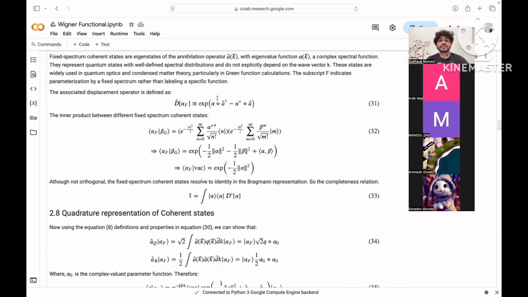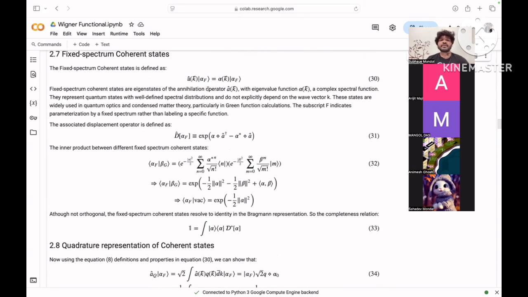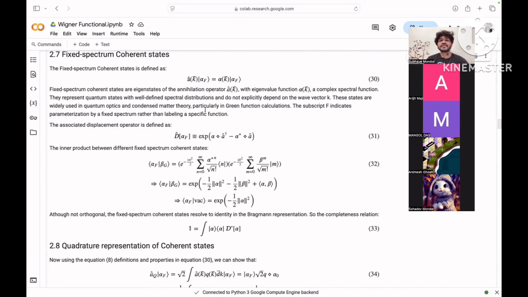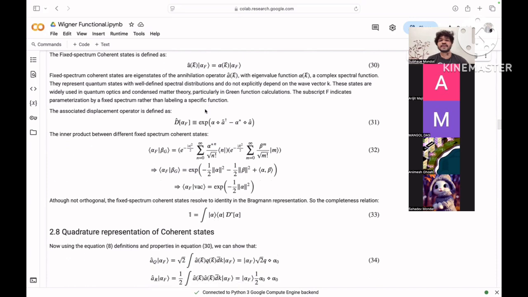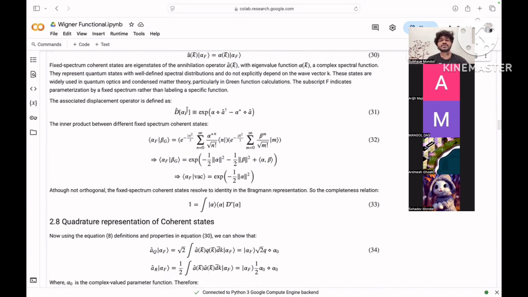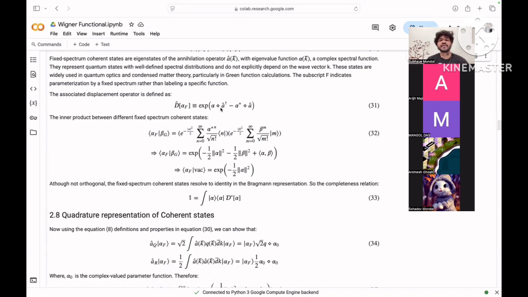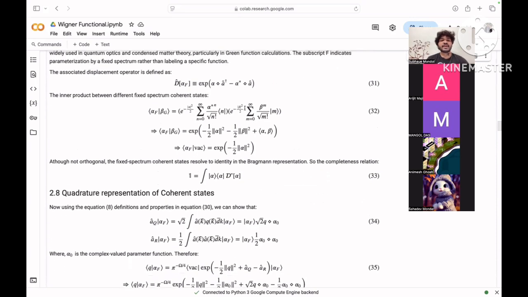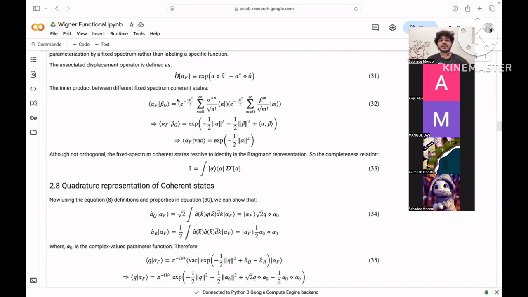Like in our earlier class, for the fixed spectrum coherent states we have associated the displacement operator. In this case also, the displacement operator can be defined like this, but we have used the diamond contraction here. And after that, we will see the inner product between them.